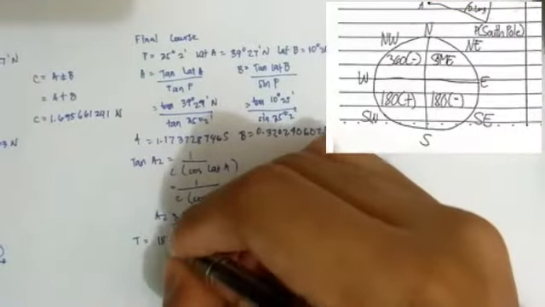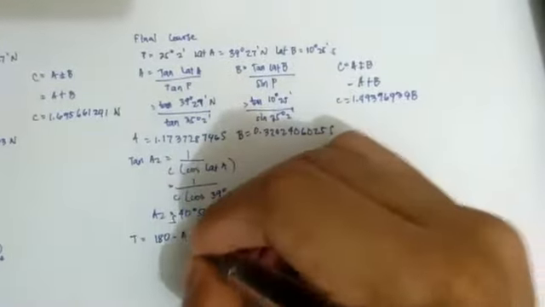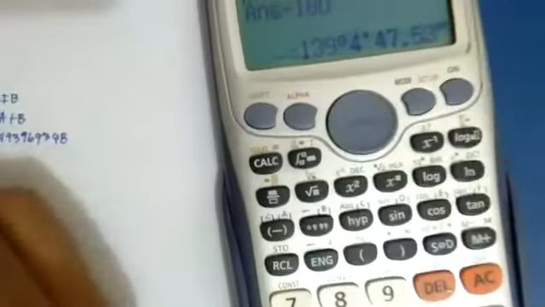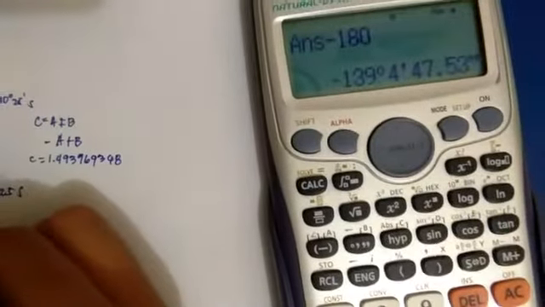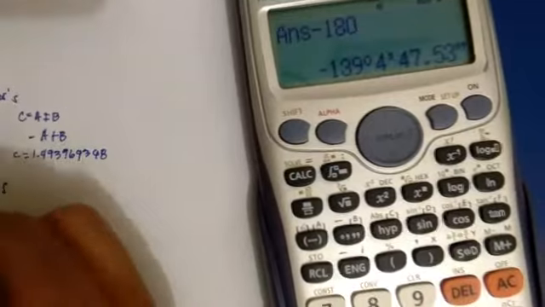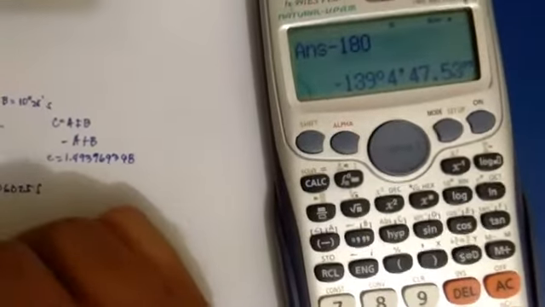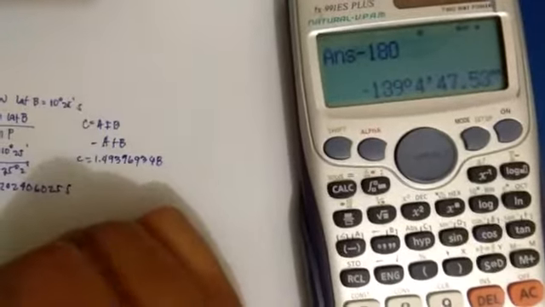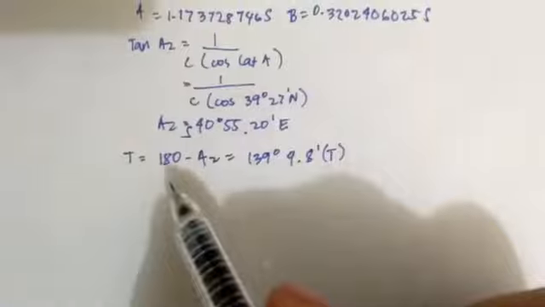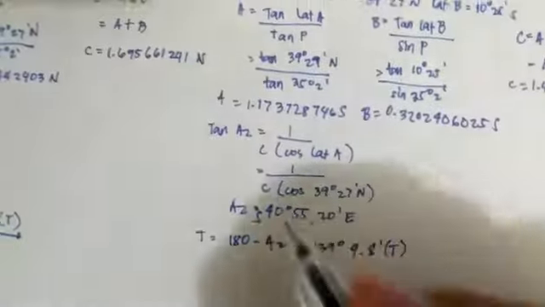So 180 minus our AZ is 139 degrees and 4.8 minutes true. So that would be our true final course.